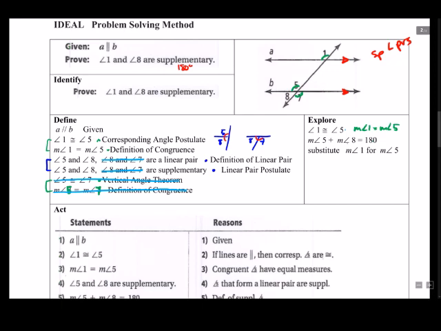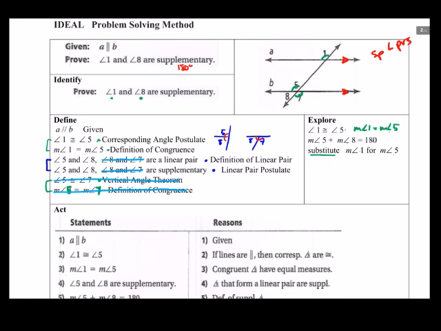And because 1 and 5 are essentially the same angle, I'm going to be able to look at substituting in 1 for 5. That's going to be how I'm going to be able to relate angles 1 and 8. I have to go through 5 to get there, but angle 1 and 5 are pretty much the same angle because they are congruent. So I can substitute them for each other.